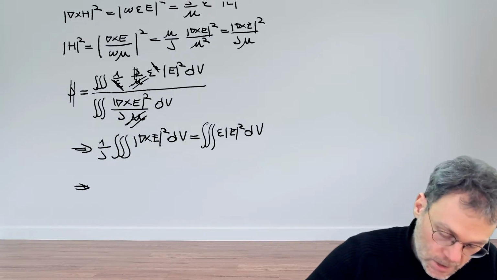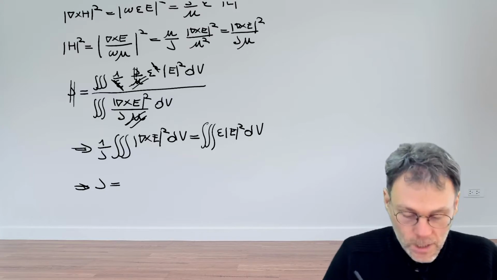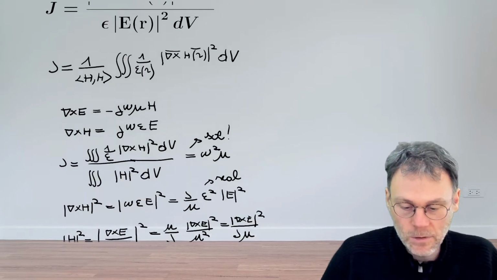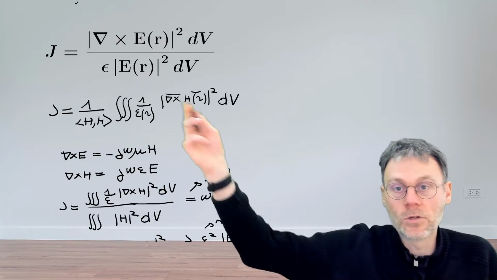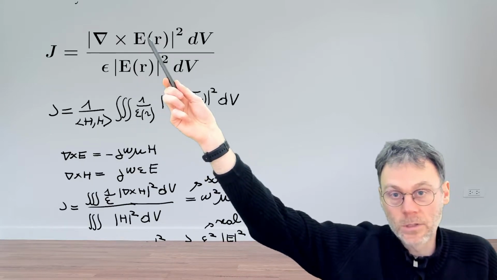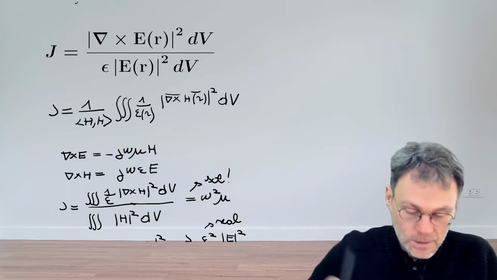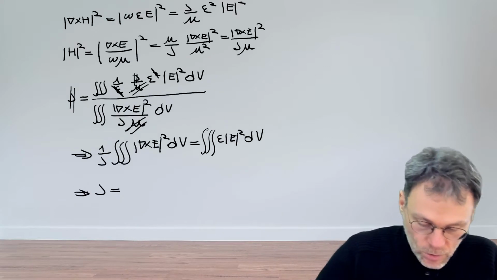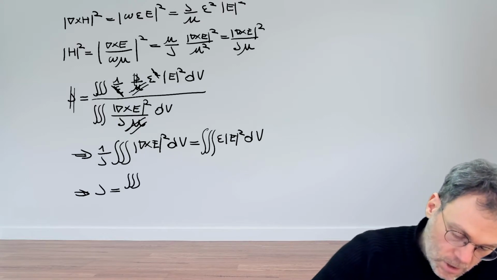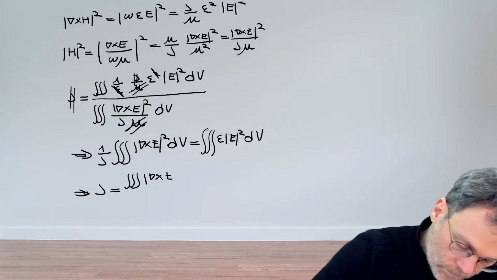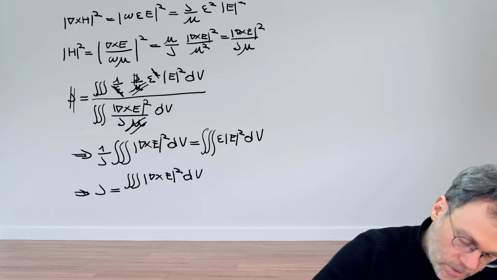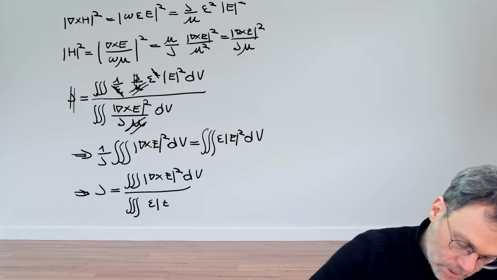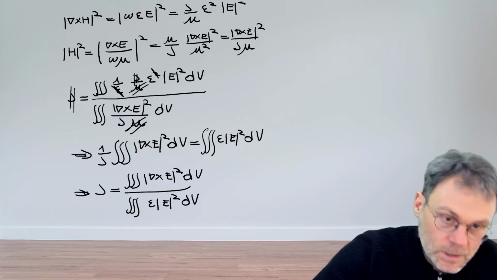And that's precisely what we needed to show. We just bring this to the right-hand side, and then you see that indeed the curl comes in the numerator and the epsilon E comes in the denominator. So we have the volume integral of curl of E squared dV divided by the volume integral of epsilon E squared dV.